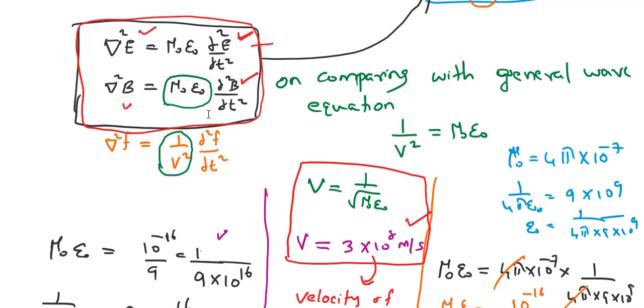From this Maxwell concluded that the light is nothing but electromagnetic wave.